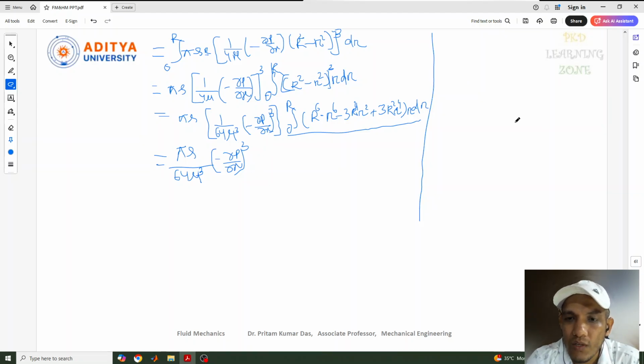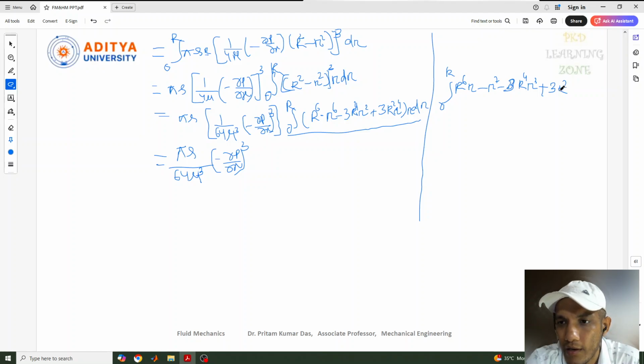So the equation for this: r to the power 6 is there, so integration 0 to r of r to the power 6 into small r, minus r to the power 7, and here it is minus 3 r to the power 4 into r cube, just multiplying this r inside, plus 3 r square into r to the power 5, this whole bracket close, dr. So now we need to do the integration of this.